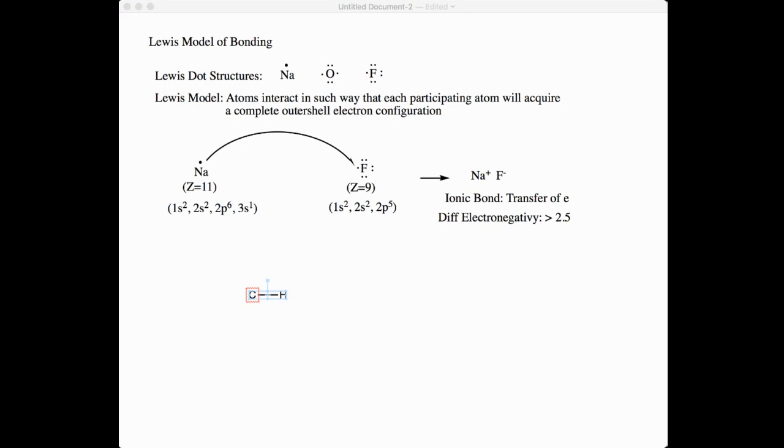For carbon, the electronegativity is 2.5 on the Linus Pauling scale, and for hydrogen it is 2.1. Okay. When you have a bond forming between two atoms with a small difference in electronegativity, we are talking about a covalent bond.